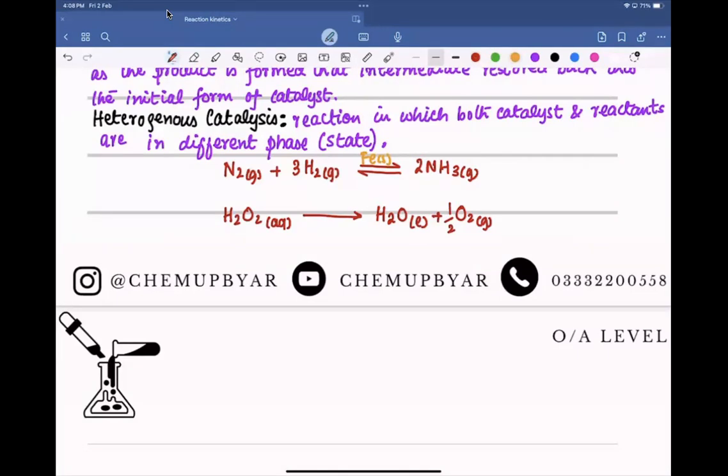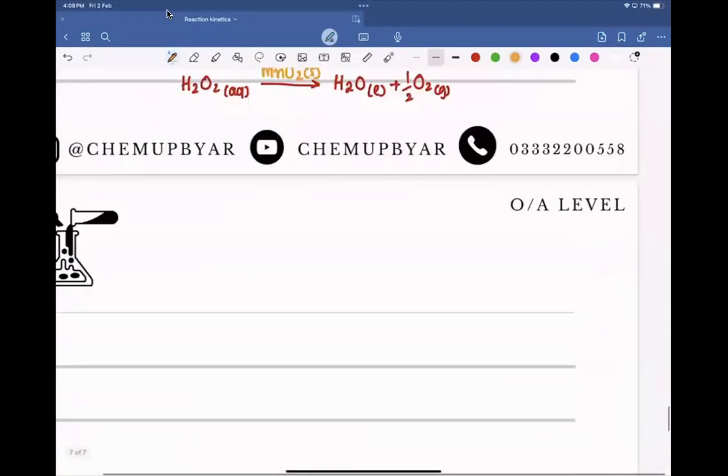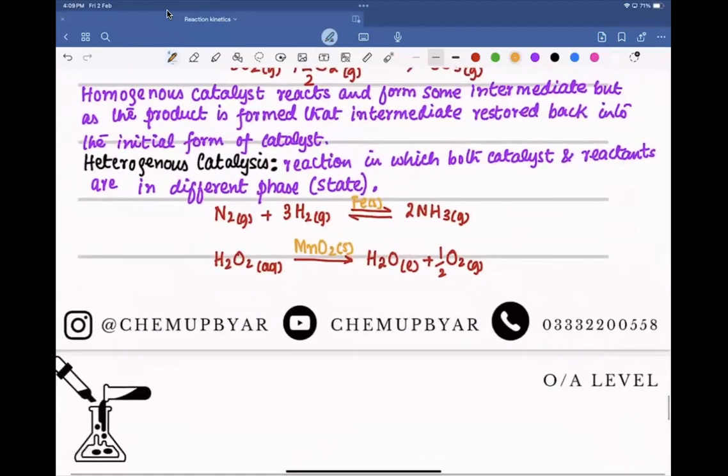And see, the reactant is aqueous. For this, we use manganese(IV) oxide, MnO2, which is a solid. So the reactant and the catalyst have different states, are in different phases. So it's a heterogeneous catalysis. Is this clear? Yes, sir.